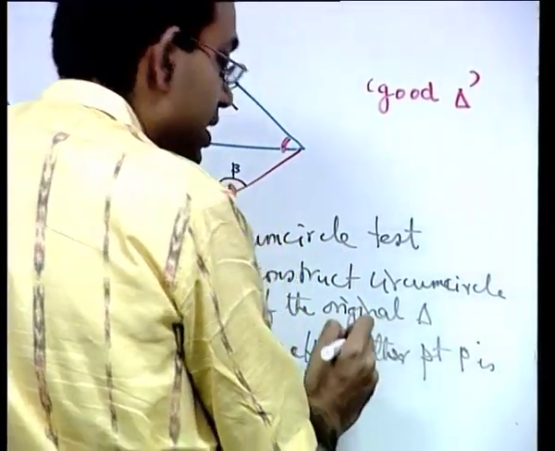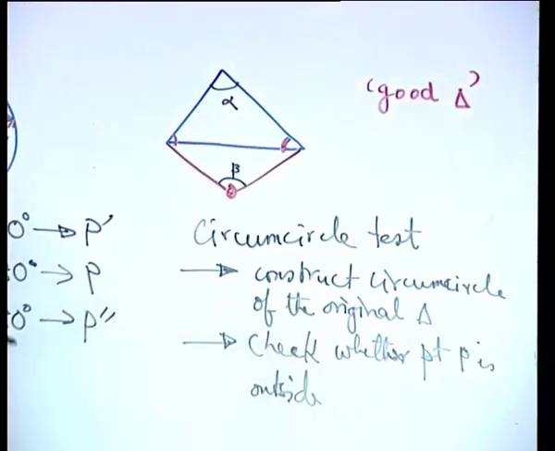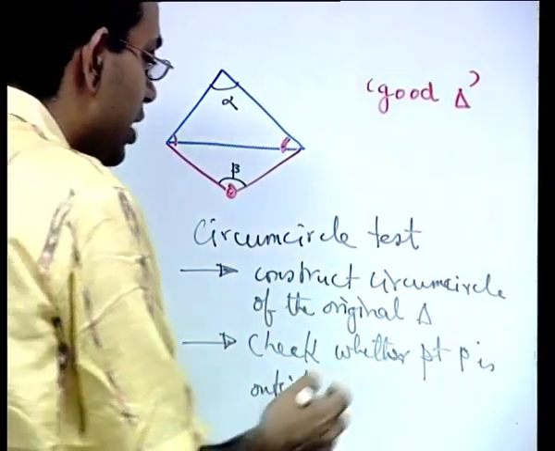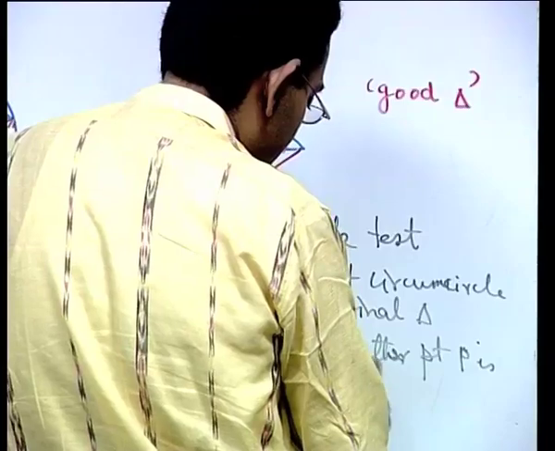Even on the circumcircle is a limiting case, on may also be considered as outside, but in general check whether point P is outside the circumcircle.